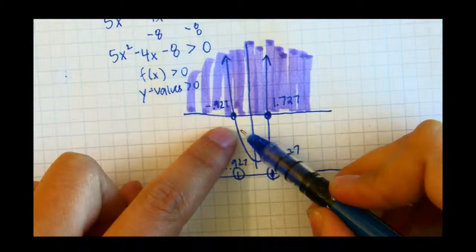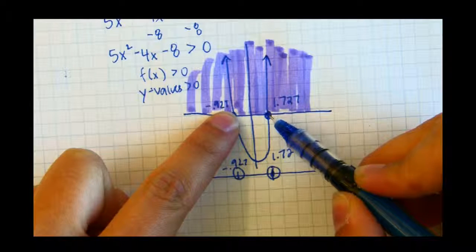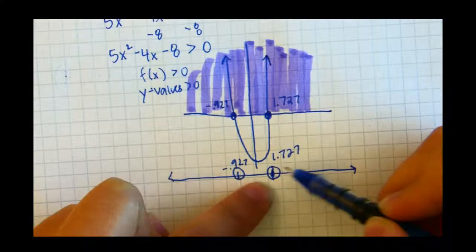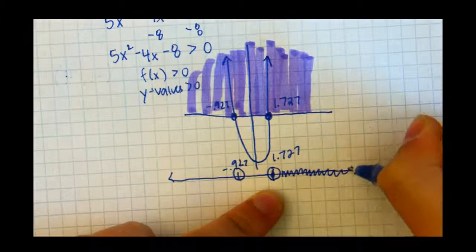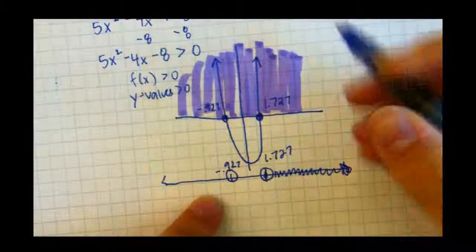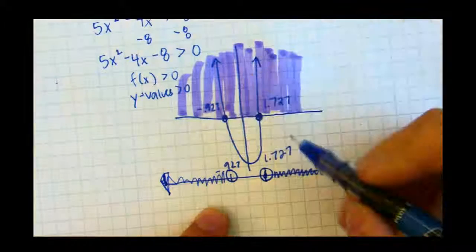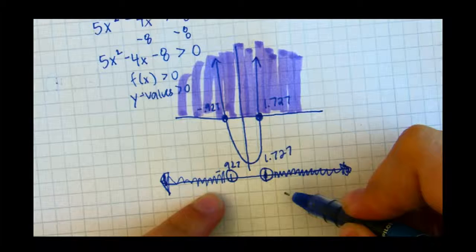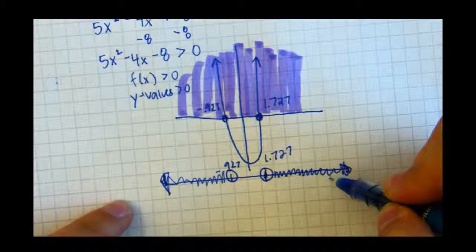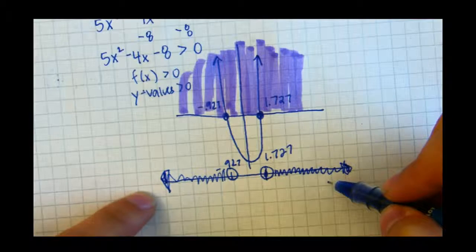So it's actually not the values that are in between these two. So if it's not in between, that means that it has to be the values on either side. You want to ask yourself, am I looking in between the two values, or am I looking outside? And since I'm not looking in between, it's going to be going outside.